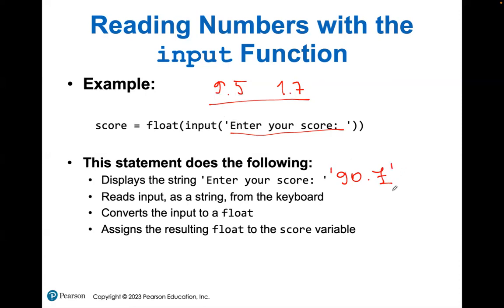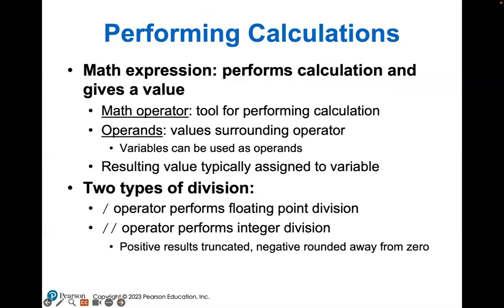First, it is stored as a string, and then our computer will see this float. So it will know that we want this string input to be translated into a number. So we're going to get rid of this. And then our input now is a number, which is a float, and it's going to be stored in the variable score. Score equals 90.7.